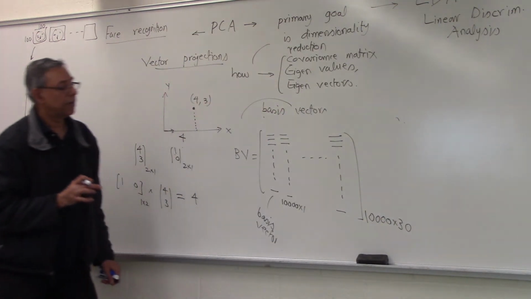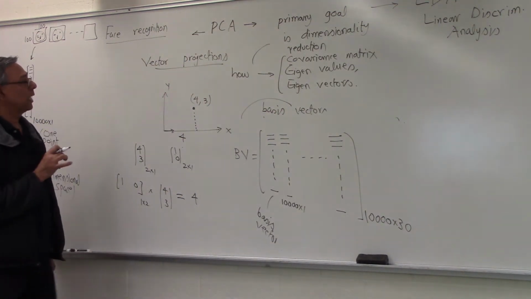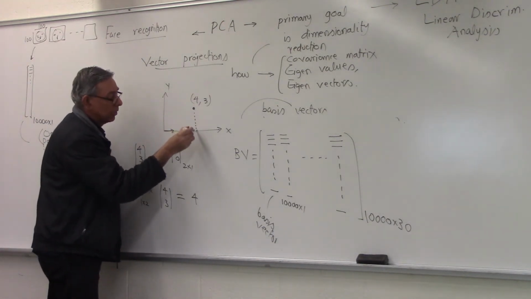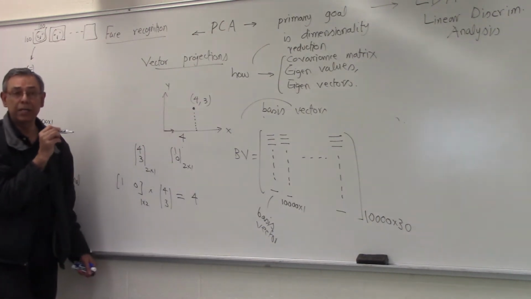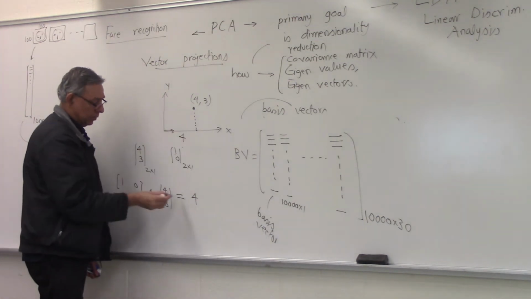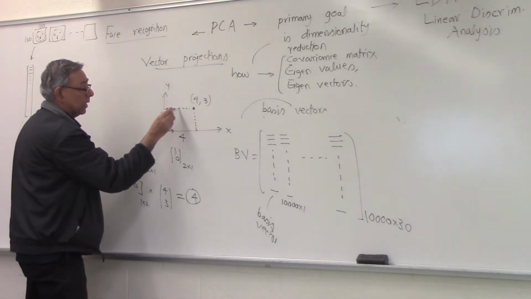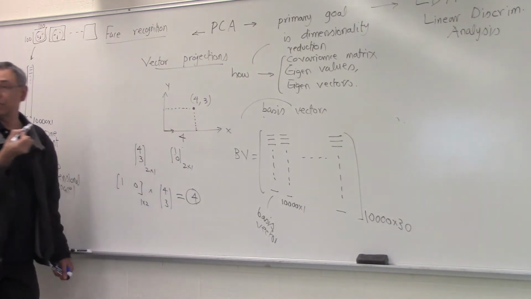Now suppose what I wanted to do is, just like when I projected onto a single basis vector and got some number, the same way if I project onto this basis vector, I'll get a number. You guys agree?